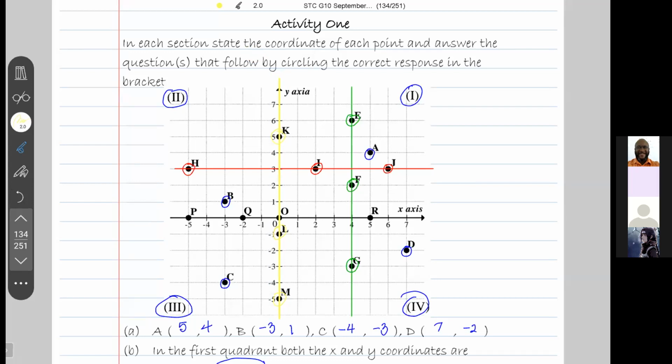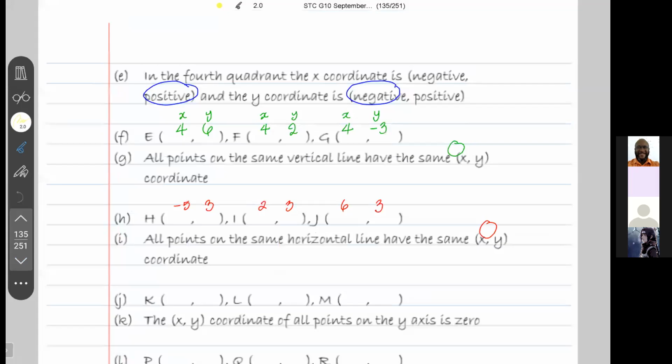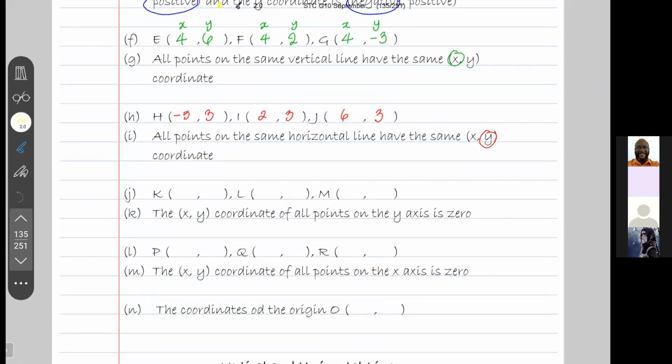All right, so the coordinates of K, L, and M. Anaya, K, 0, 5. Very good.